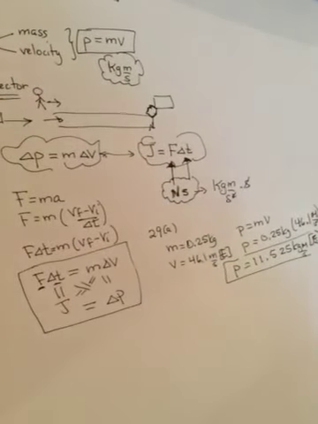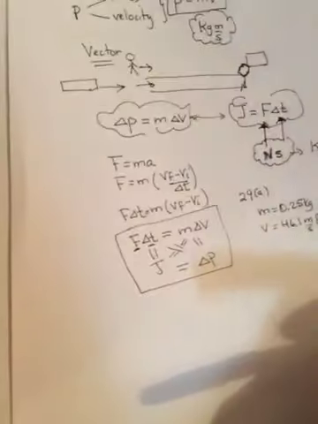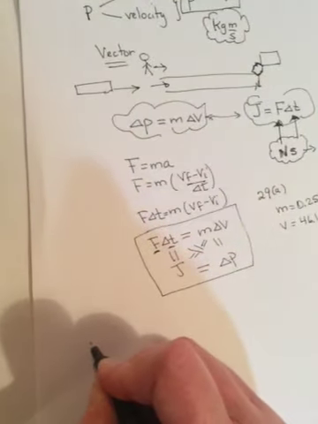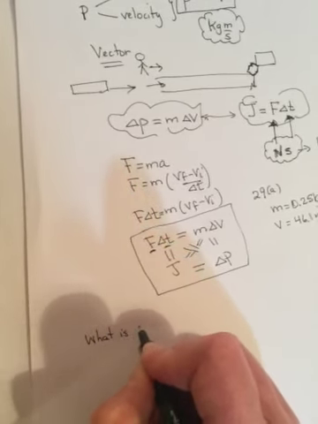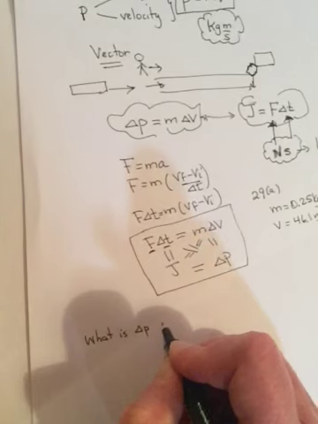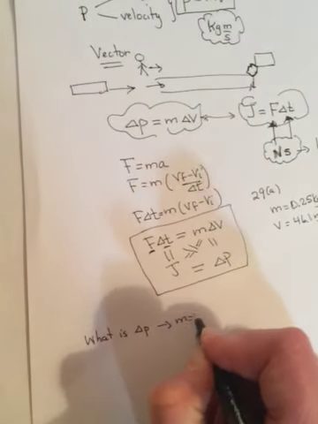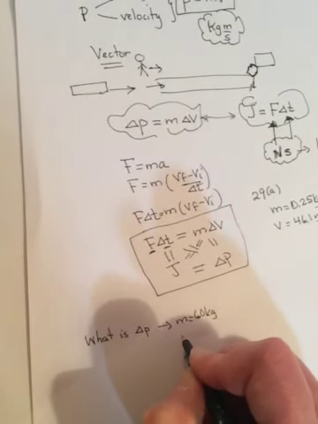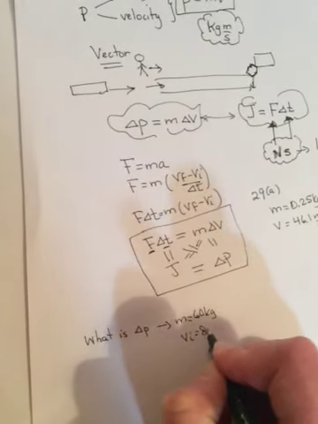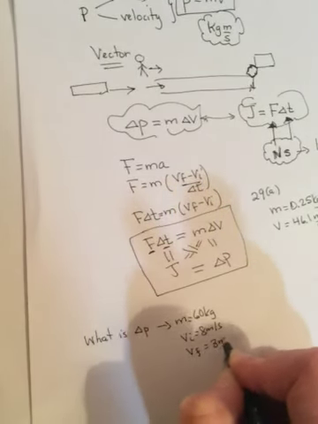If we were to do a change in momentum it might be, what is delta p when a 60 kilogram object goes from running 8 meters per second, so vi is 8 meters per second, to 3 meters per second.